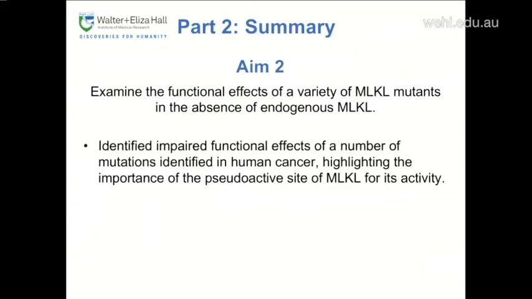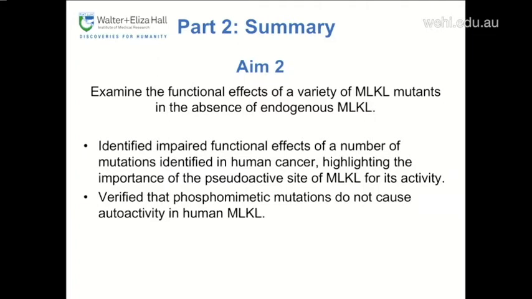All right, so the impaired functional effects. There's a number of mutations in cancers where you see impaired functional effects on MLKL activity, and this highlights the importance of the pseudoactive site of MLKL for its activity as well. So even though it's not a kinase, this region of the protein is still really important for its function.